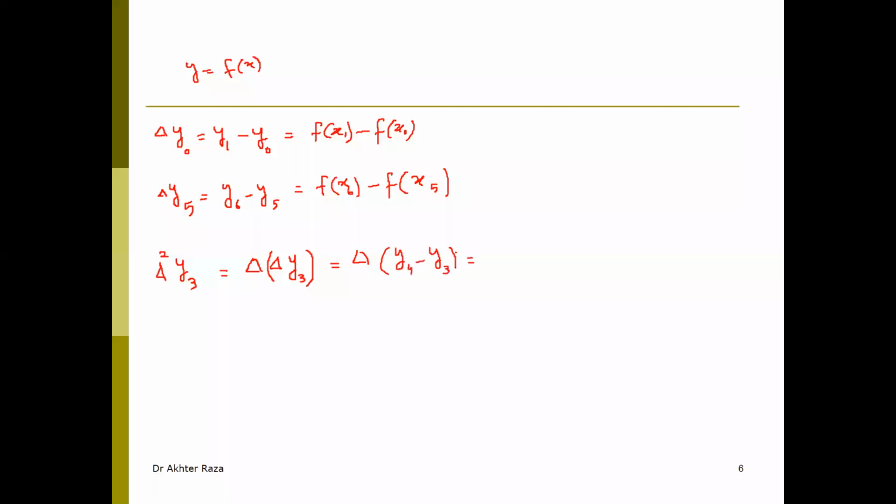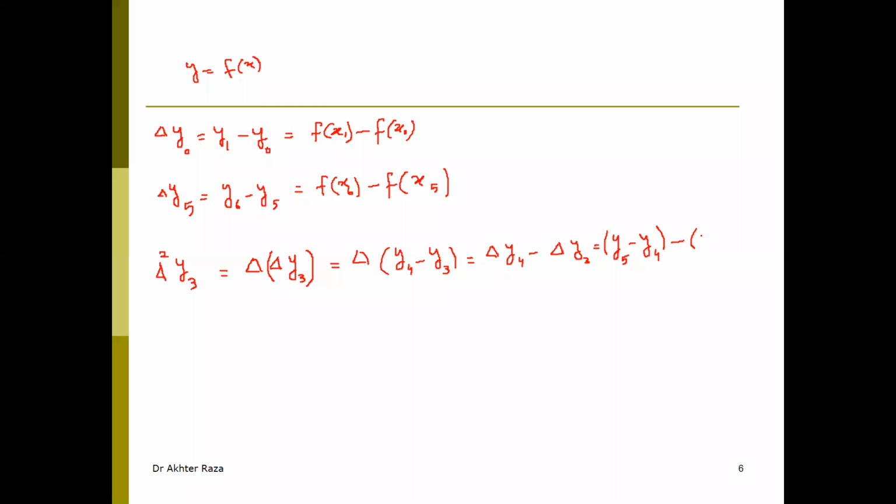This can further be subdivided as delta y4 minus delta y3. Now delta y4 can be represented by y5 minus y4, minus, with bracket we have here.